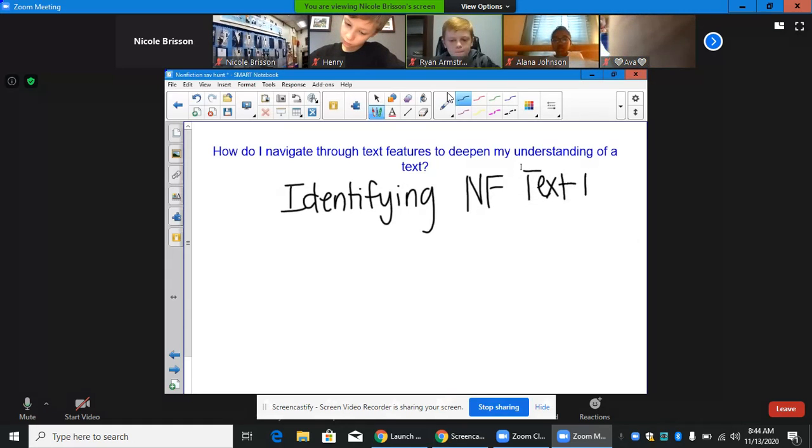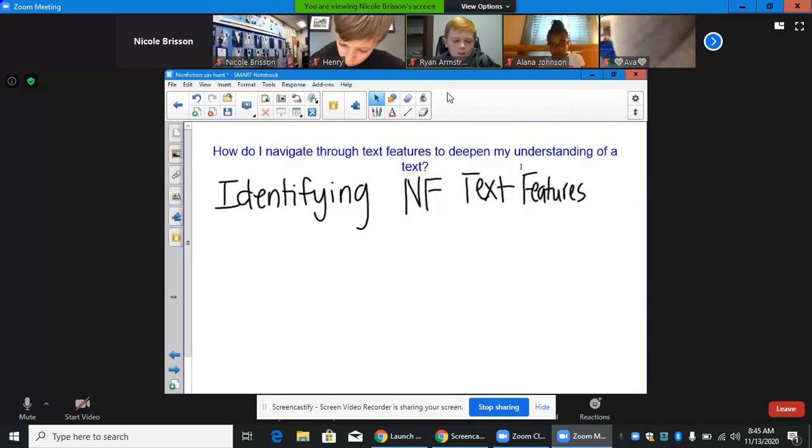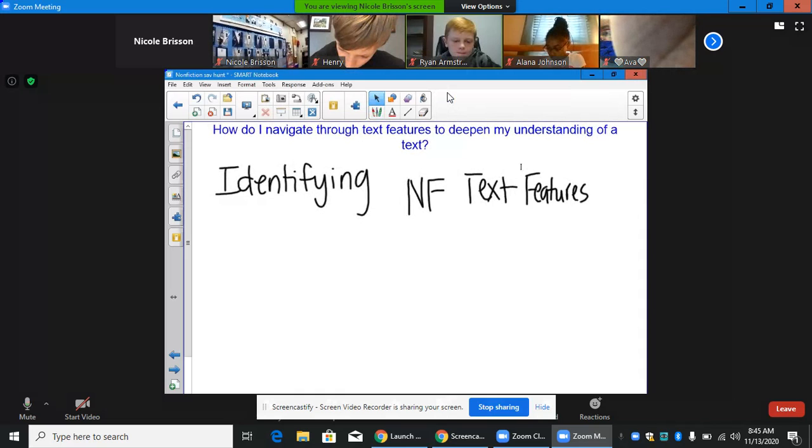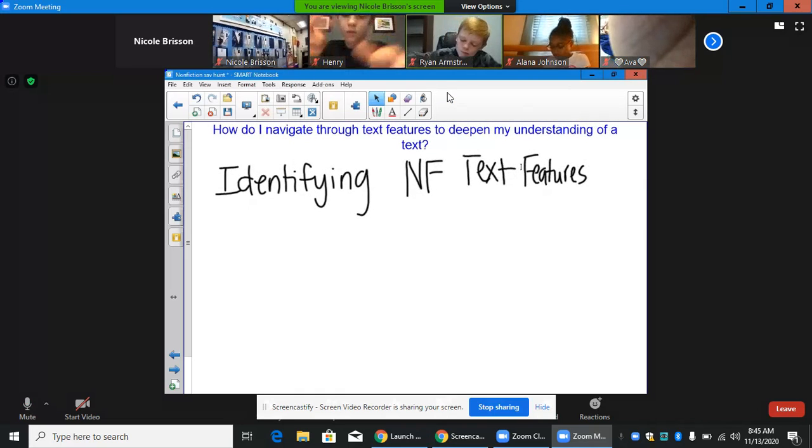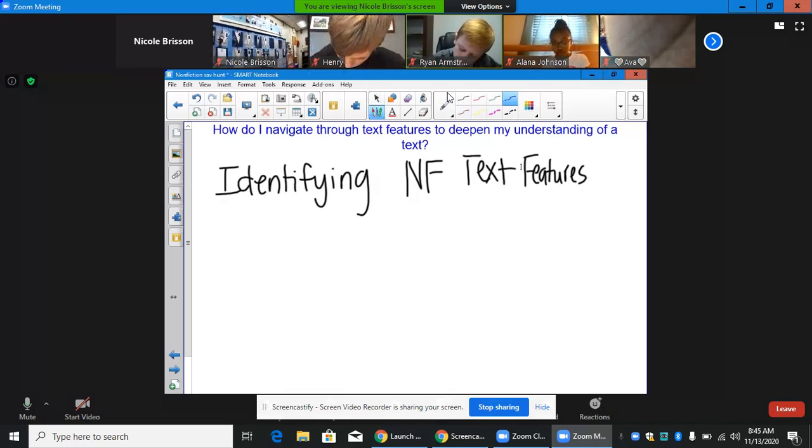You are writing this. This is your title for your chart. Use the next free page in your reader's notebook. And we're going to be using the book Oceanography.